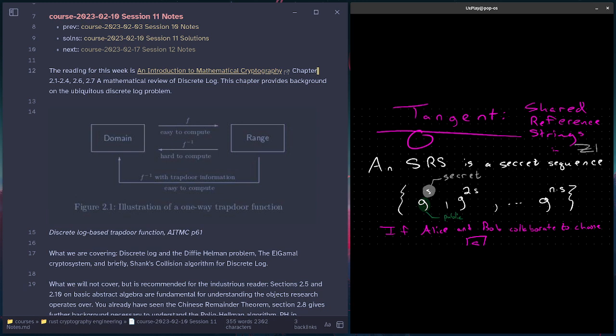But what if we wanted multiple people to contribute to this secret, such that no individual party knew the exact value of s because every party had computed and contributed some randomness to it? And it turns out that that's entirely possible.